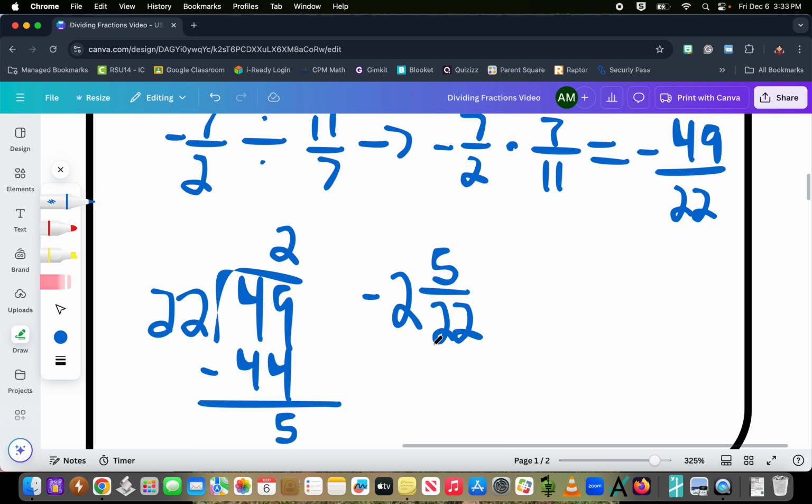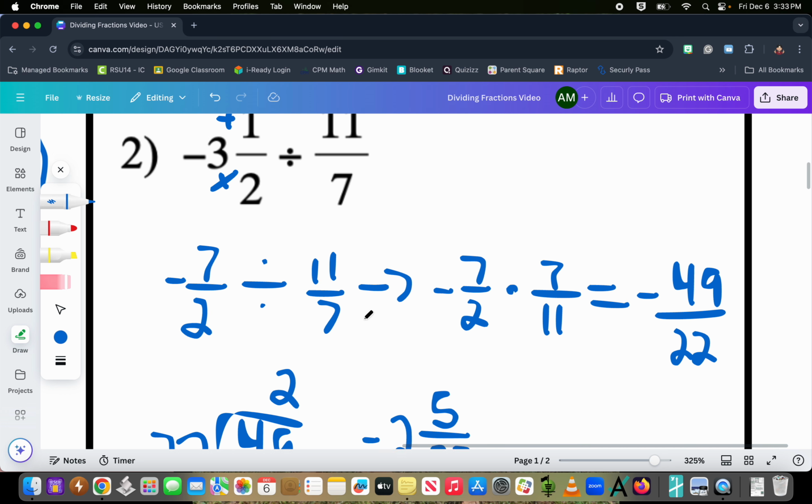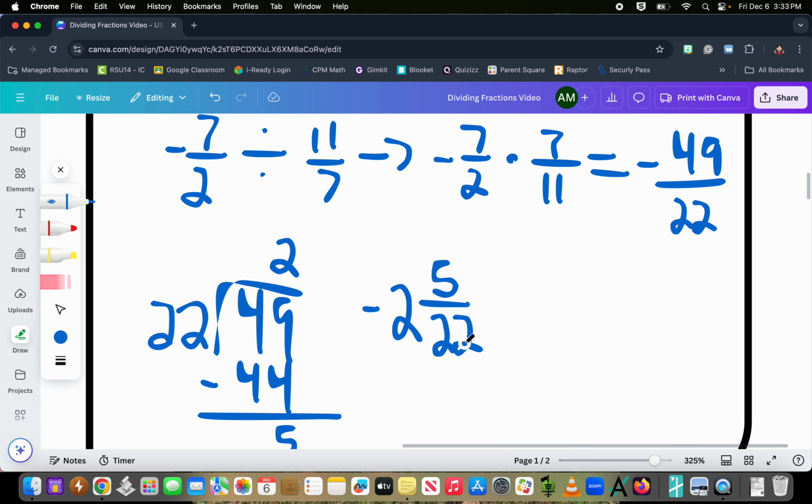Again, we can check that these are the same. 22 times 2 is 44, and 44 plus 5 is 49. So these two are equivalent, and this is how we want to write our answer, as negative 2 and 5/22.